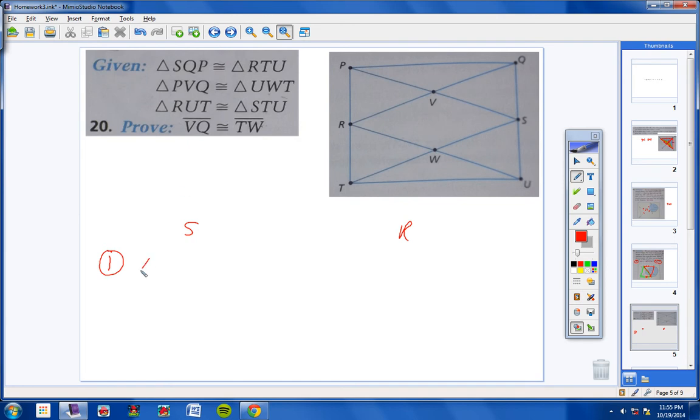Triangle PVQ is congruent to triangle UWT. It's right here. There's your given, right? Now they want us to prove that VQ is congruent to TW. What's right here? VQ. What's right here? TW. So we're done.